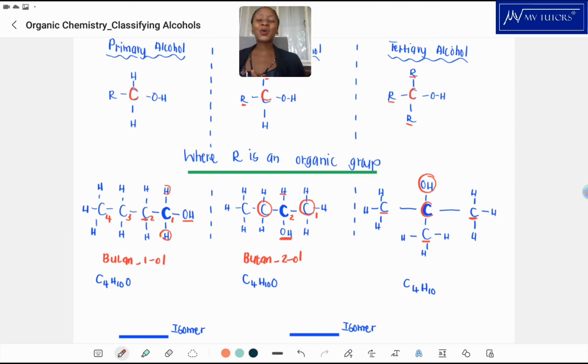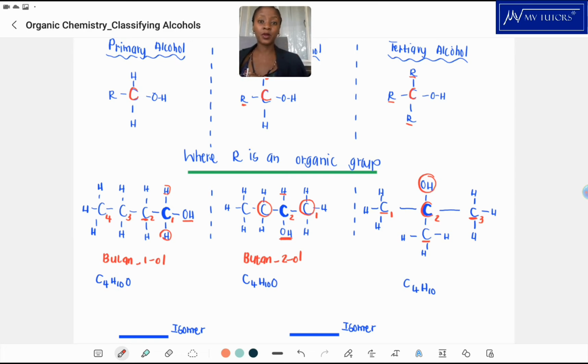So what would we name this one? What is the longest chain, basically? Well, first let's start numbering it. You can number from either side, it doesn't matter. So we have 1, we have 2, and we either have 3 here or we have 3 here. So we have 3 meaning prop.